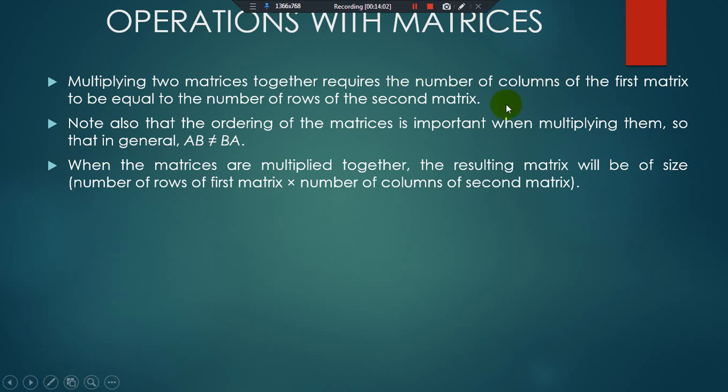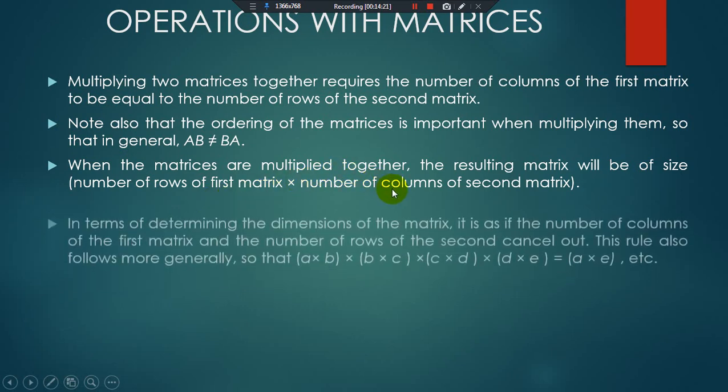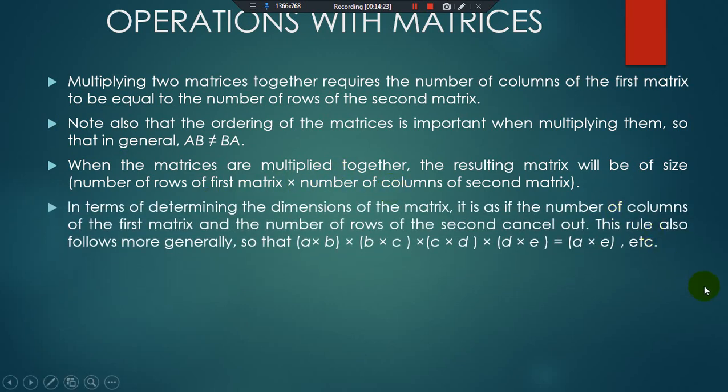So as a rule you have to see that the columns of the first matrix and the rows of the second matrix match, but in the process of the multiplication you start from the rows to multiply with the columns. Okay, in terms of determining the dimensions of the matrix, it is as if the number of columns of the first matrix and the number of rows of the second cancel out.